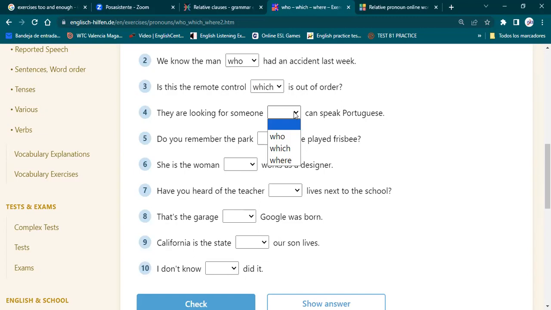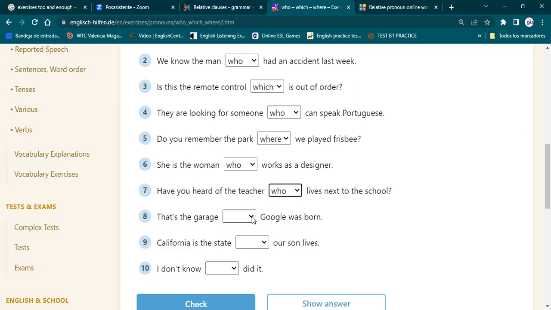Do you remember the park where we played frisbee? She's the woman who works as a designer. Have you heard of the teacher who lives next to the school?